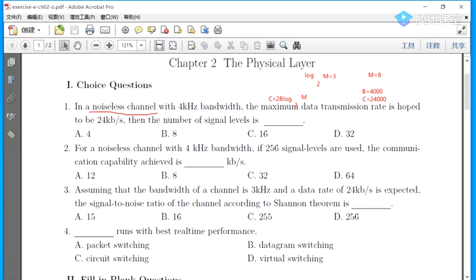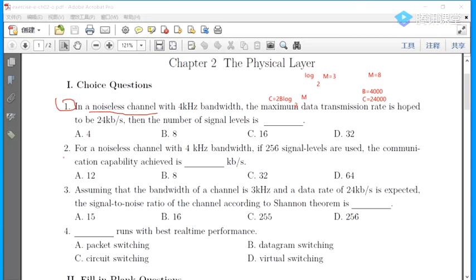The capacity, or the maximum data transmission rate, denoted by capital C, equals 2B times log 2 capital M. Capital M is the number of signal levels. This is question 1.